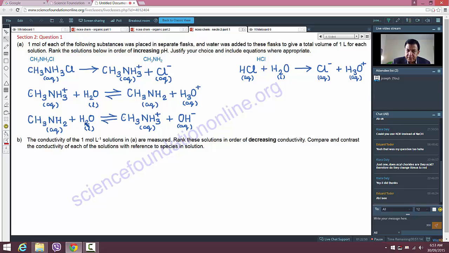This is a weak base, so it will accept H pluses. Of course, it's not a reaction to completion. It's only an equilibrium in which we will end up with some CH3NH3 1 plus, and the H2O gave away the H plus, so it will be OH minus. So here is an example of a hydrolysis reaction in which the water molecule is acting as an acid.